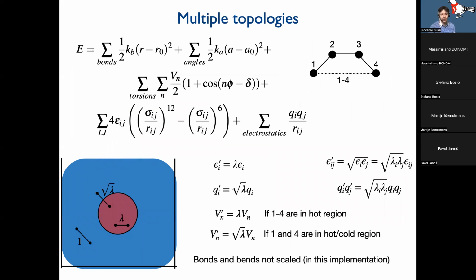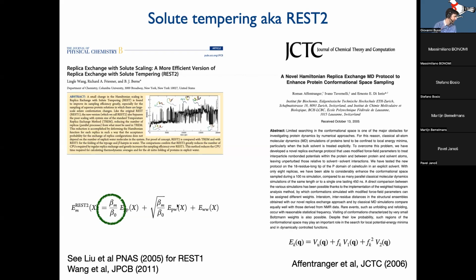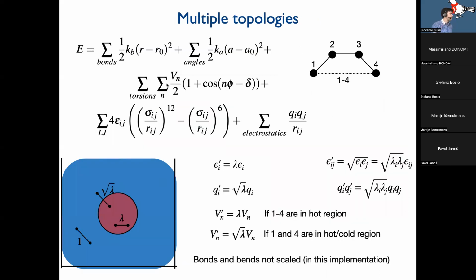So why is this square root of lambda the decision to scale interactions between the hot part and the cold part? It's very practical. If you look at how a typical biomolecular force field is composed, you have a sum of terms. To make sure that interactions within the hot region are scaled by a factor lambda, for Lennard-Jones you should scale epsilon by a factor lambda.